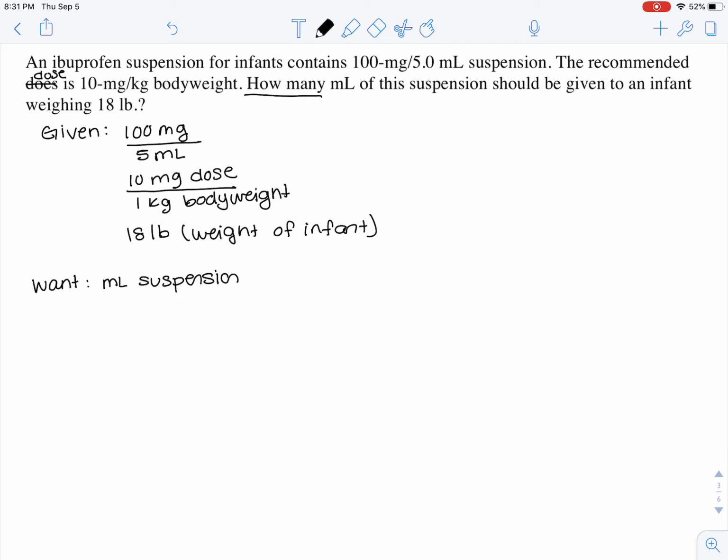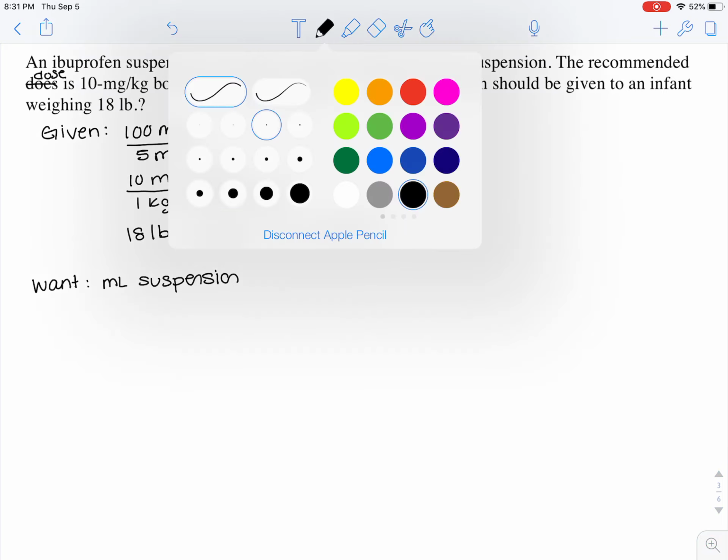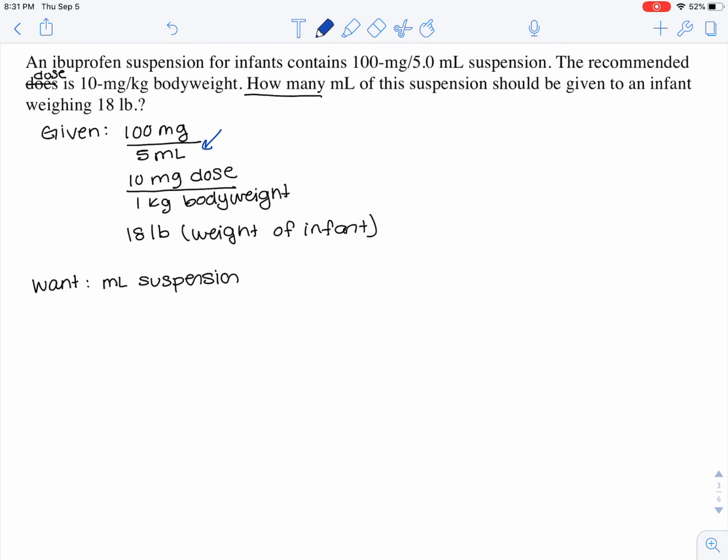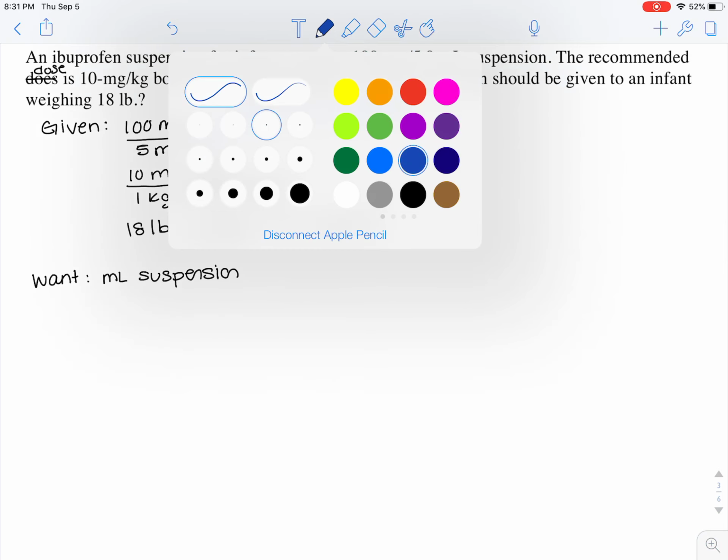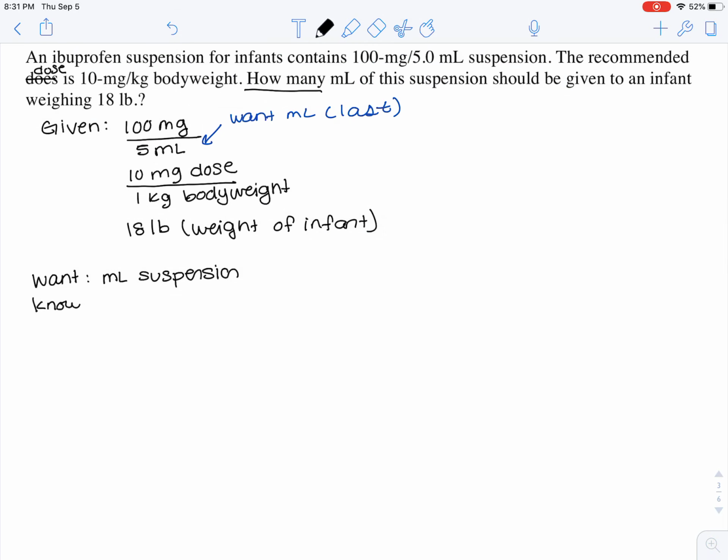Since you want milliliters, this will be your last step. Then I try to create a little plan. My last step will be to get to milliliters, and I can get to milliliters using the conversion of knowing that there's 100 milligrams of suspension per 5 milliliters of volume.